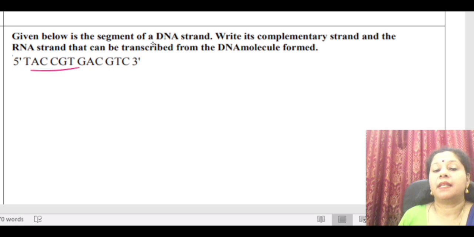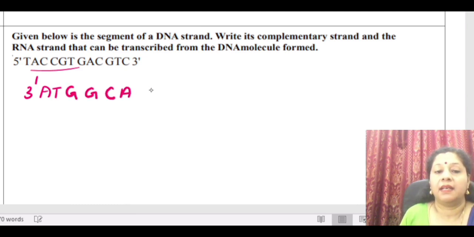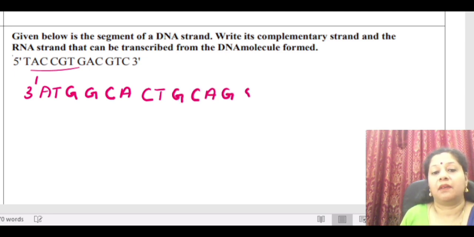Given below is a segment of a DNA strand. Write its complementary strand and the RNA strand that can be transcribed from the DNA molecule. So 5' to 3' is given, so it is 3', then T will become A, T, G, G, C, A, C, T, G, C, A, G, 5'.